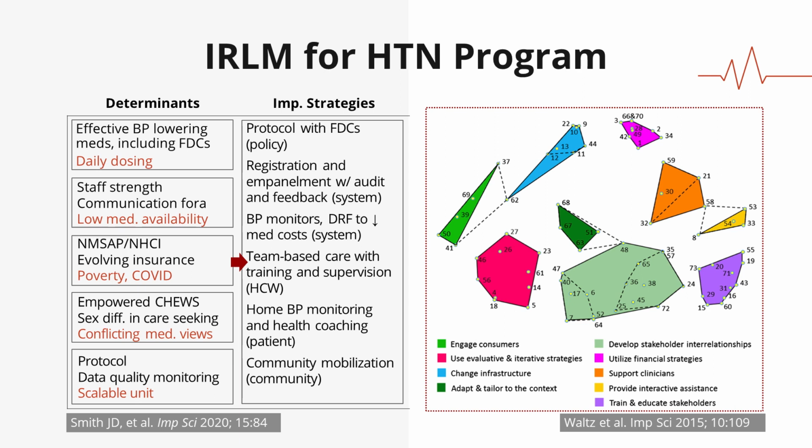Now, when we think about a protocol, this tackles several of these macro strategies. So we need to adapt and tailor the protocol to the context, what drugs are available and who has input in that. Dr. Oji was a key member of the committee that developed the Nigeria Hypertension Control Protocol. Next, we want to develop stakeholder interrelationships through the development of that protocol.